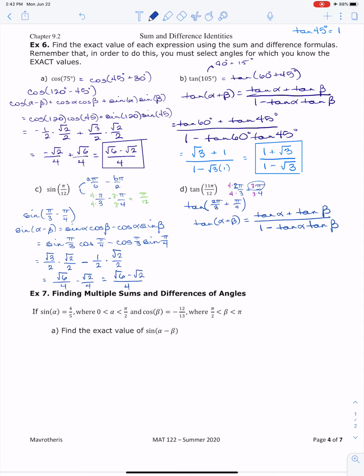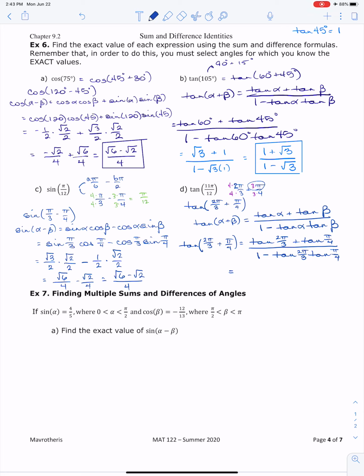So we've got tangent of 2 pi over 3 plus pi over 4. I need the tangent of 2 pi over 3 plus the tangent of pi over 4, all over 1 minus that tangent of 2 pi over 3 times the tangent of pi over 4.